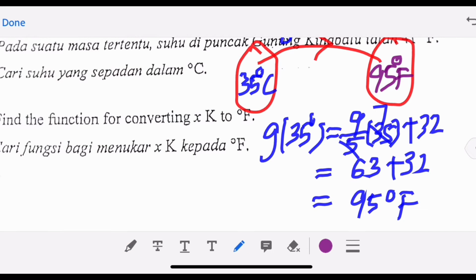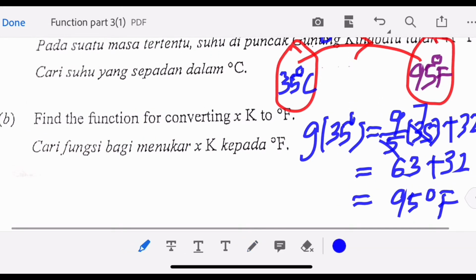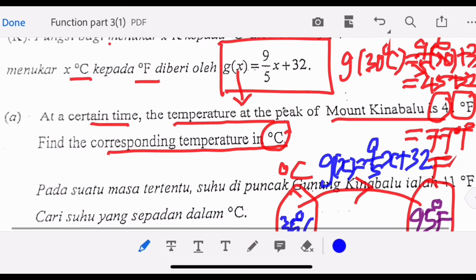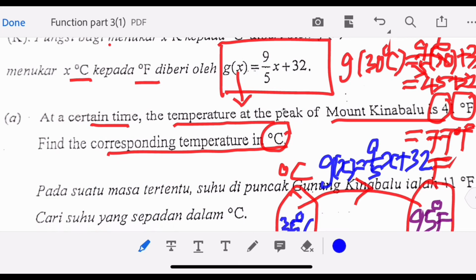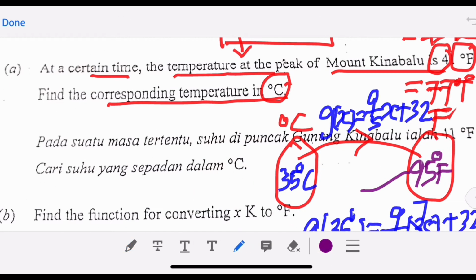So okay, now the question is asking you how to convert Fahrenheit back to Celsius. If I give you 95, how do you find for me this answer, 35? So this one is actually an inverse function, right? So you know how to find the inverse function?